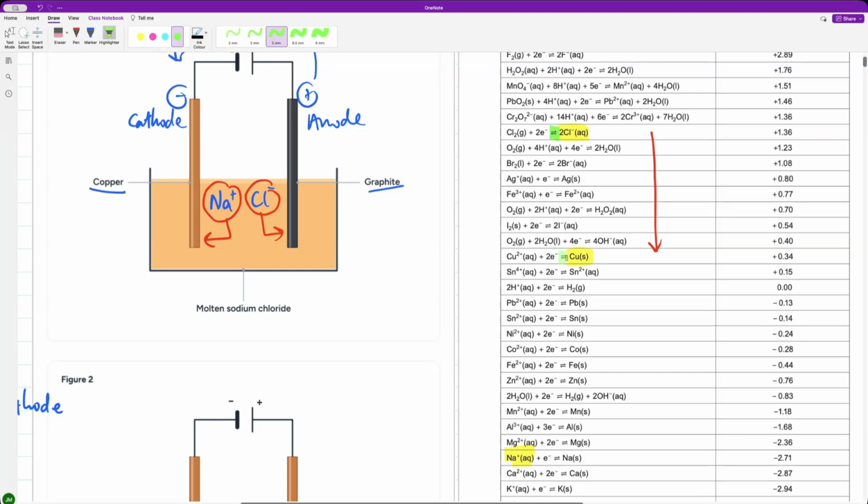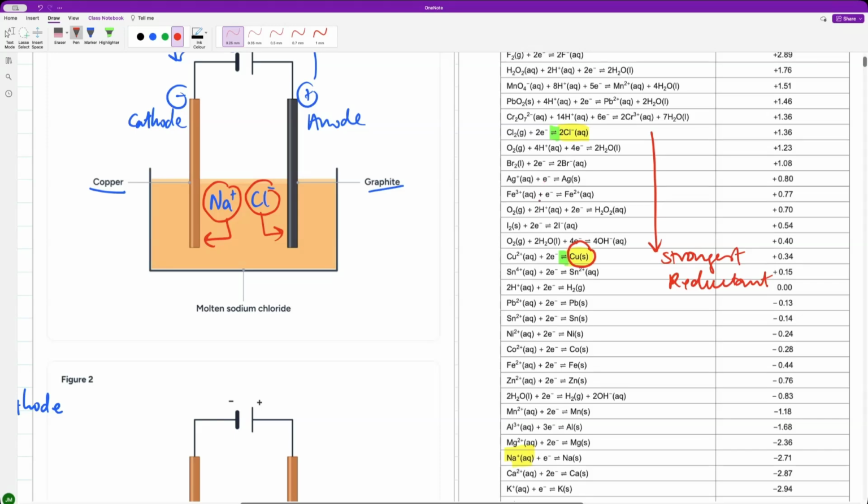Actually, on the right-hand side we've got our reductants, and a good way to remember it is that right starts with R, and reductant also starts with R. The strongest reductant is the one at the bottom. The strongest reductant will oxidize. So copper technically is our strongest reductant. It is stronger than chloride. Will it oxidize?